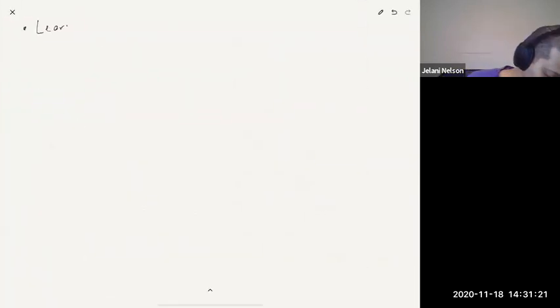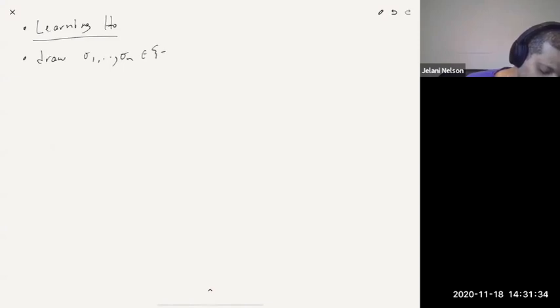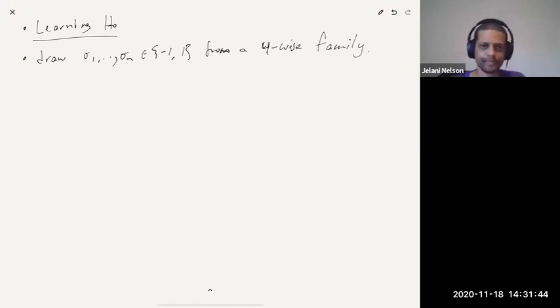What I'm going to do is draw sigma 1 through sigma n, each one a random sign from a four-wise independent family, and I'm going to instantiate just 2 counters.